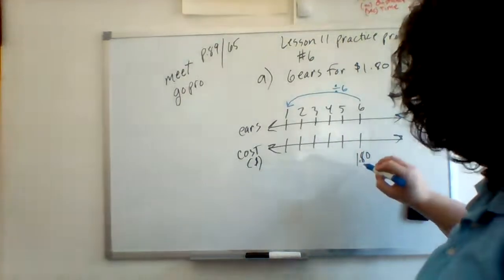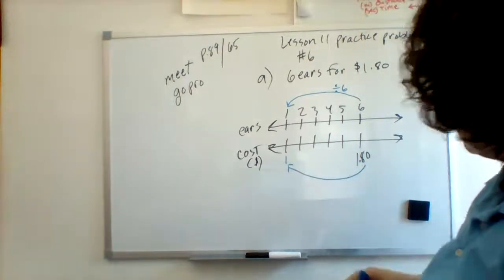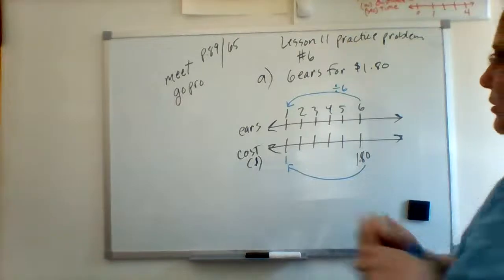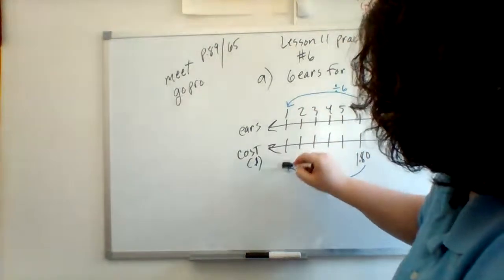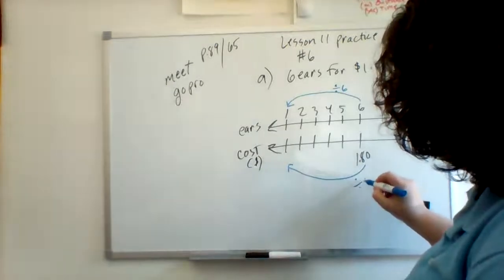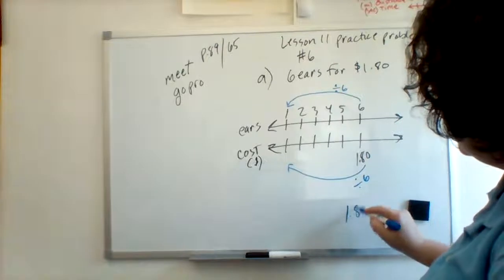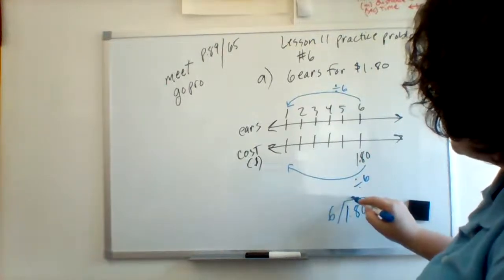You go, girl. That means that if I want to know the cost for 1 ear, I divide by 6 again. So $1.80 divided by 6 is what?